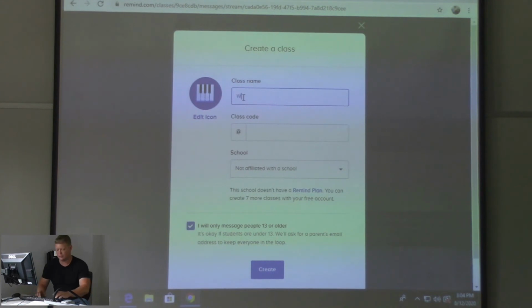So this is going to be WLD 2370 space online. So this is for the online people, okay? I will only message people 13 or older. This program used to be just for college students, and now it's gone down all the way into elementary schools. So we are going to create, not affiliated with a school, create this class.